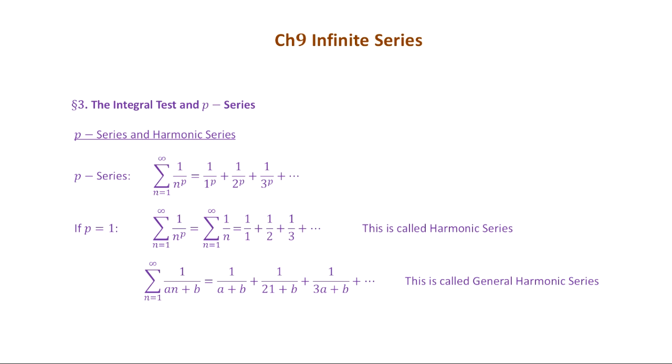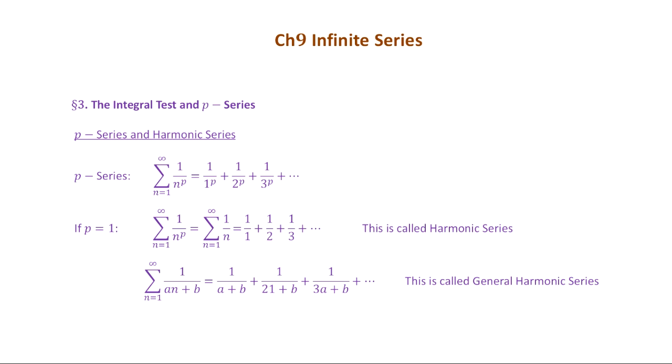Then we can extend the definition of the harmonic series into a more general sense. We can define the term 1 over an plus b, where a and b are both positive numbers and they are constants, and what changes is n.